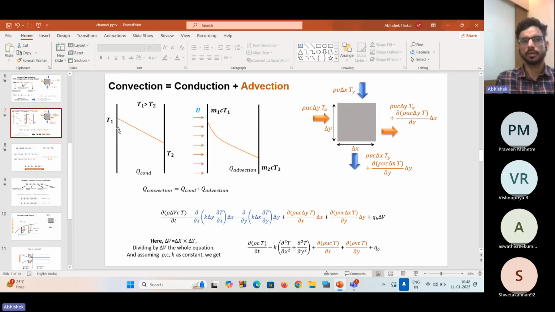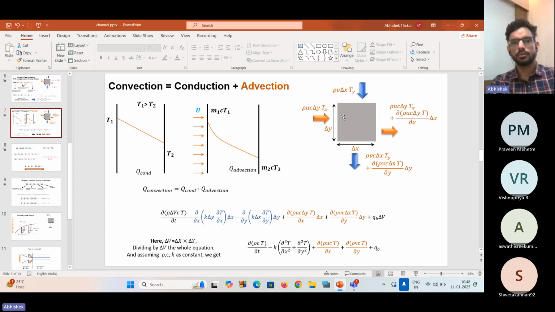Here I am trying to teach everything from the fluid perspective. If there is a fluid flow, then due to the property of the material, this box is a fluid. This fluid has the property of conduction.